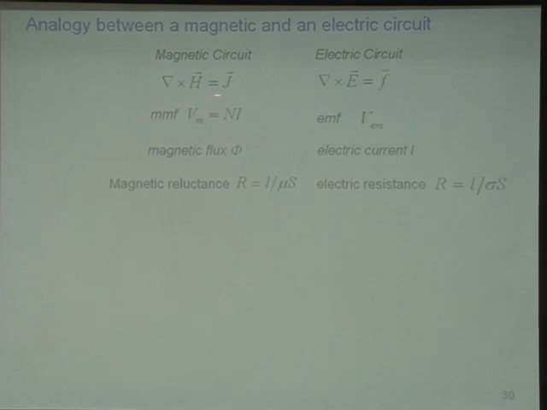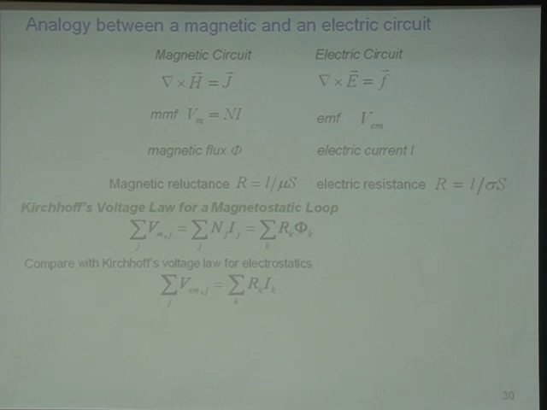Okay, so this Vm here comes from the source, which we call the magnetomotive force, MMF. This VEM is called the electromotive force. And the counterpart of the electric current in the magnetic circuit is the magnetic flux. And the electric resistance expressed like this is replaced by the magnetic reluctance expressed like this.